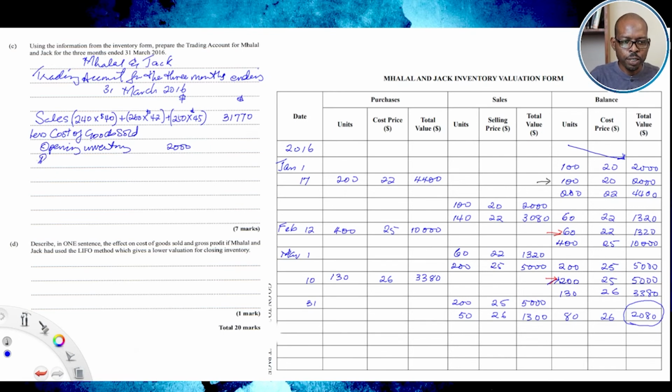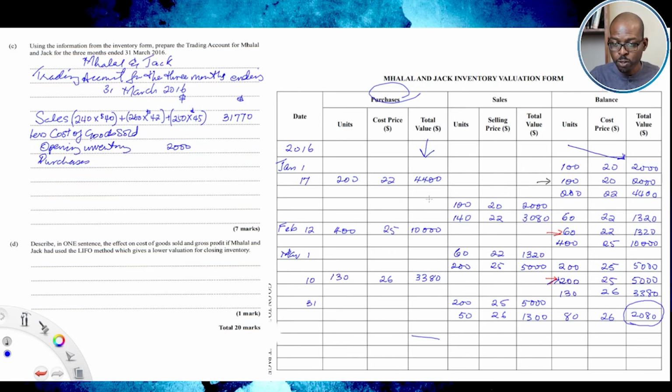And then we have purchases. What is the value of our purchases? We do a similar calculation, but in this case, we have the values here. Here they are, total values. We look in the total value column under purchases, and we add these figures together. So we'll end up with a total of 17,780.